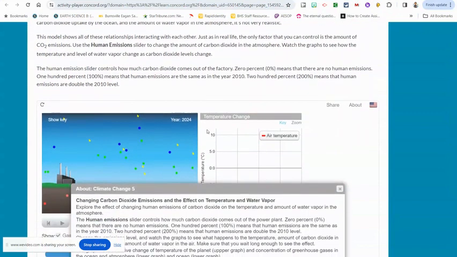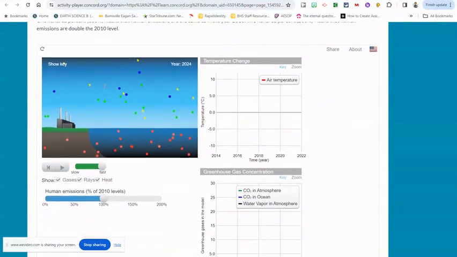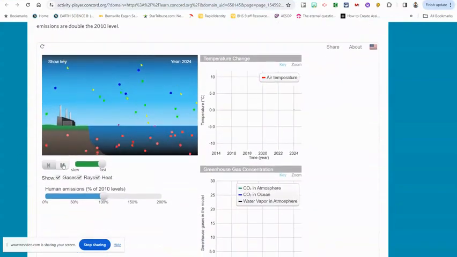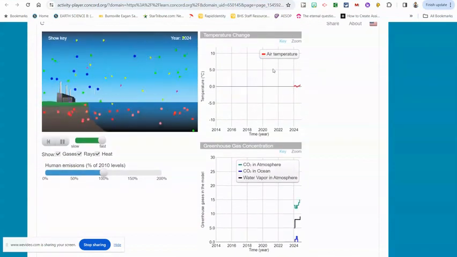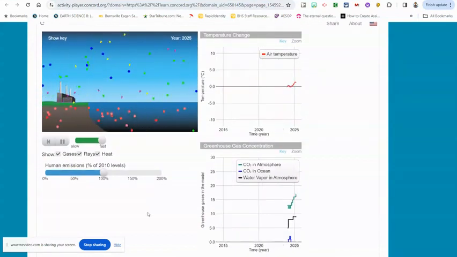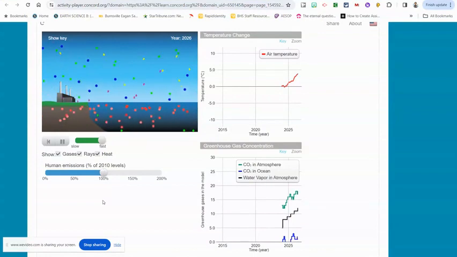Just as in real life, the only factor you can control is the amount of carbon dioxide emissions. We're going to use human emissions for that in this slider. So if we take a look, I'm going to go ahead and press play. And let's take a look at our graphs. The top graph shows air temperature, right? These are percent of 2010 levels. So whatever the level of human emissions was in 2010 is represented here.